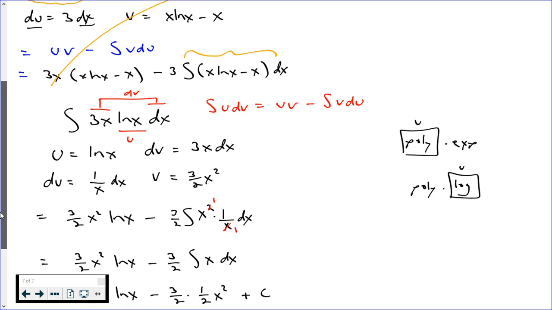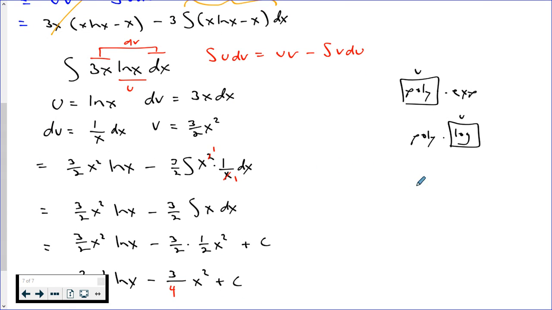So the final problem that I want to look at here is, well, what do you think you do if you have polynomial times trig? What do you let u equal? So for example, if I had the integral of 5x times the sine of, say, 2x, what's going to work here? So your options are this is what we'll do.